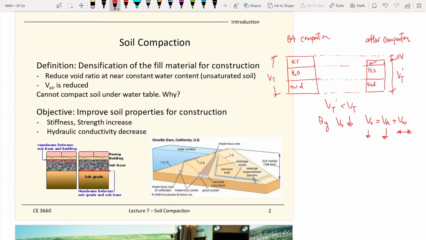By doing soil compaction, it can improve the soil properties for construction. You can increase the stiffness, so the strength will increase. One such example is pavement design. This is your subgrade soil, before you lay down all the pavement materials.